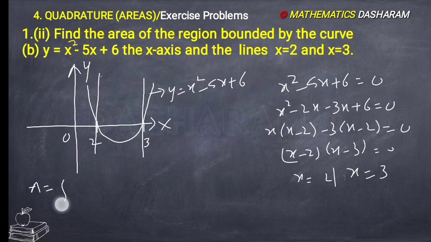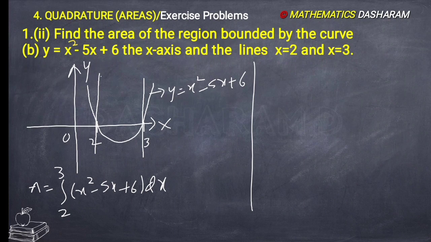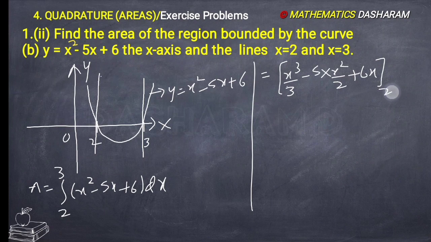A equals integration from 2 to 3 of the given function x square minus 5x plus 6 dx. So it equals the integration of x square is x cube by 3, minus 5 into x square by 2, plus 6x, from 2 to 3.